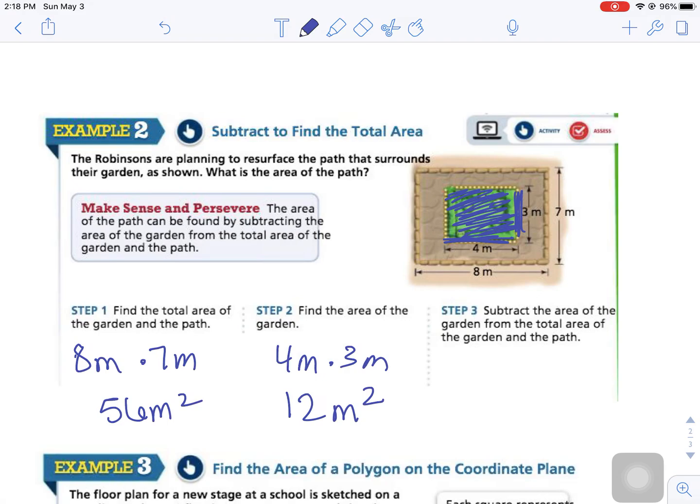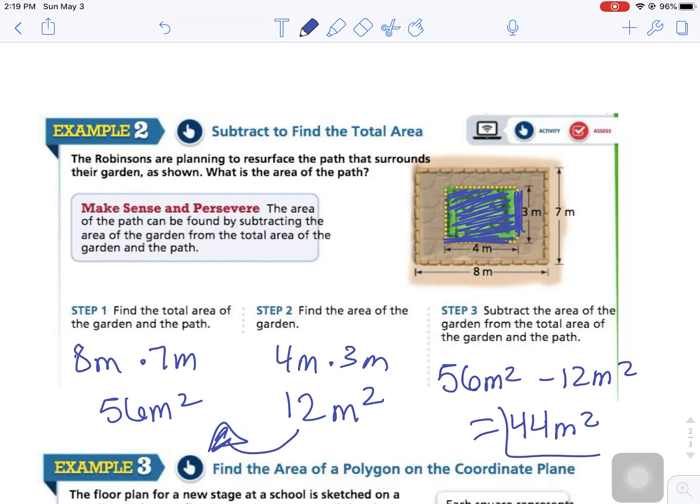And we want to subtract that from the original because that will leave us just with that garden path. So we're going to do 56 meters squared minus 12 meters squared to get the area of just our path, which is going to be 44 meters squared. So this path right here, just the path by itself, is 44 meters squared.